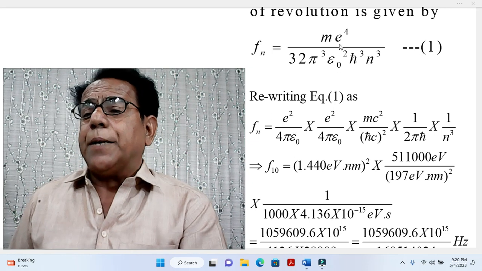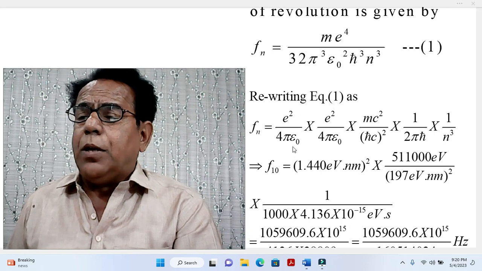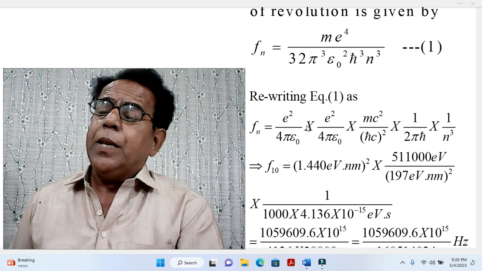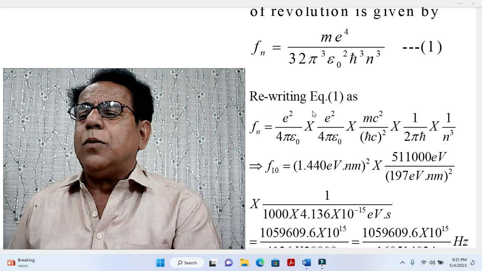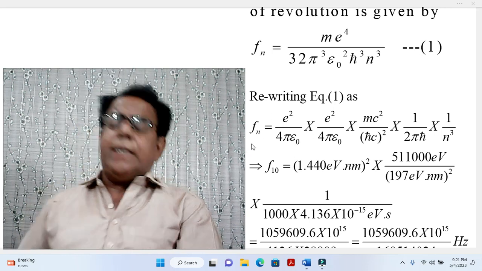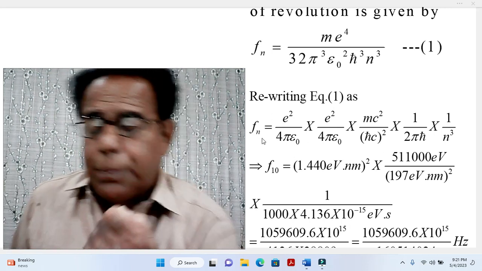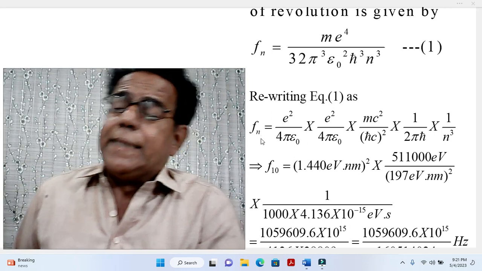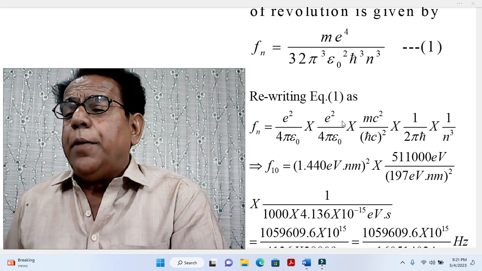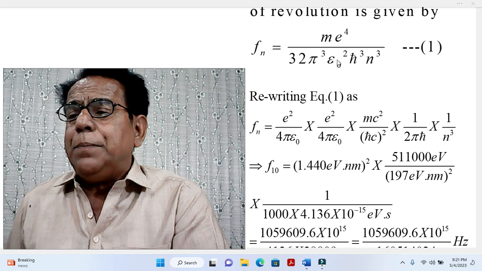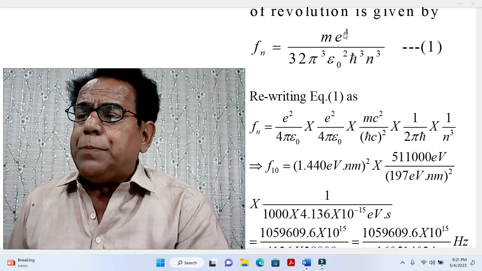So from here we have separated e square over 4 pi epsilon naught. Then once again we can write it as this whole square, or write it twice as a multiplication, or as a square of this quantity; it is one and the same thing. From this expression e raised to the power 4 has been separated.